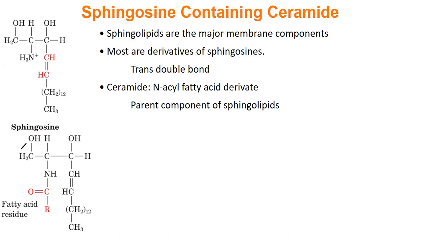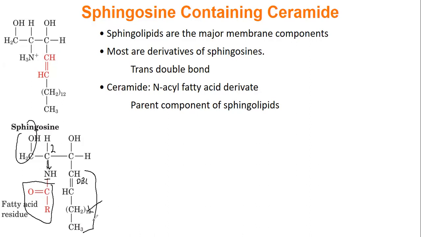You have CH2OH here. Then you have your nitrogen, and here's your fatty acid. So the fatty acid is on carbon 2, right? At carbon 2, you have your fatty acid that's connected to a nitrogen. Then at carbon 3, you have this constant region where you have carbon that's double bonded to another carbon.